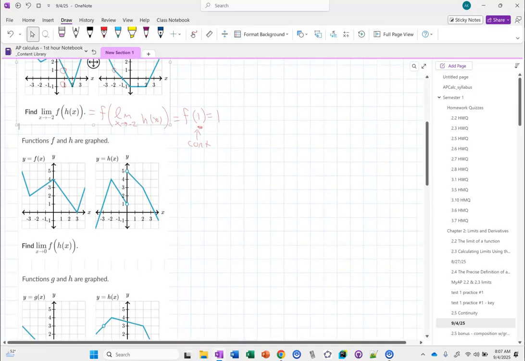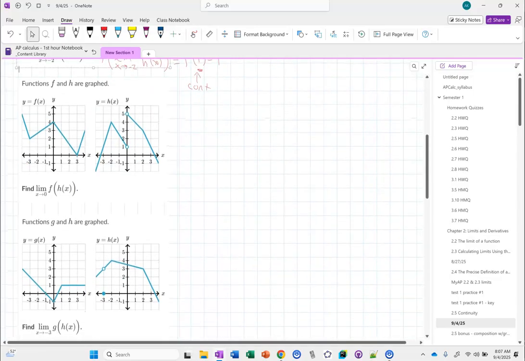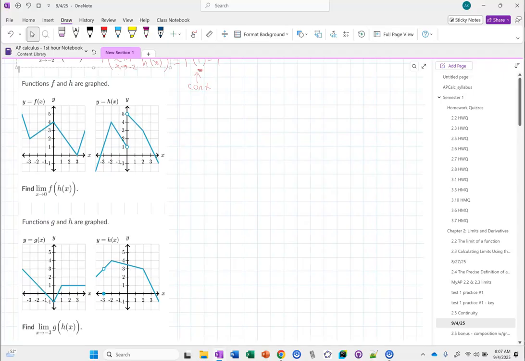Okay. Let's look at another example. So here we're given a new f and h. The limit as x approaches 0 of f of h of x. So again, we're going to try to push the limit inside. So I go locate 0, and for h of x, what do we notice?